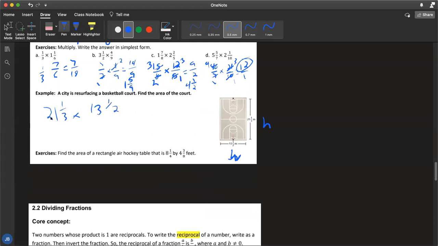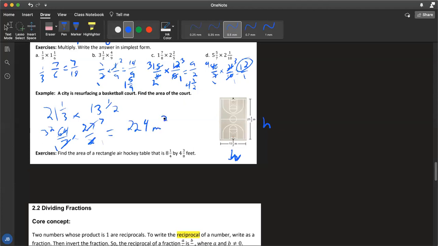So 21 and 1/3 is 64 over 3 times 27 over 2, right? 2 goes into 64, we know, 32 times. 3 goes into 27, 7 times. 7 times 32 should be 224 meters squared.